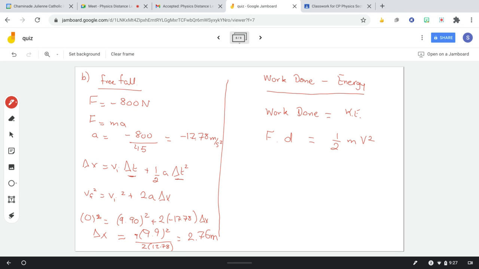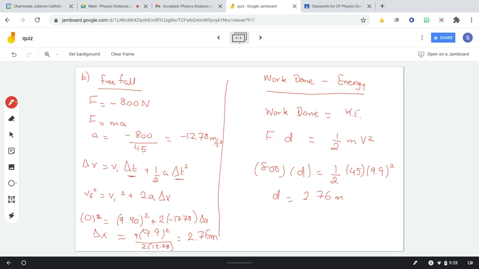So 800 times the distance equals half the mass of the diver, 45, times 9.9 squared. If you rearrange everything, you should get the same answer: 2.76 meters. So any method that you worked it with would have got you the correct answer.